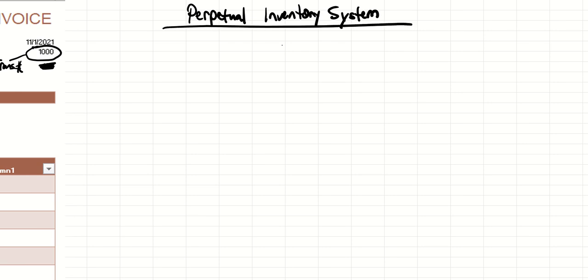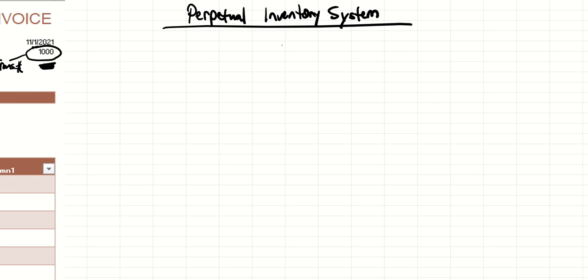When it comes to the seller side of things, the seller is going to use their perpetual inventory system when recording the revenue and also recording the expense.